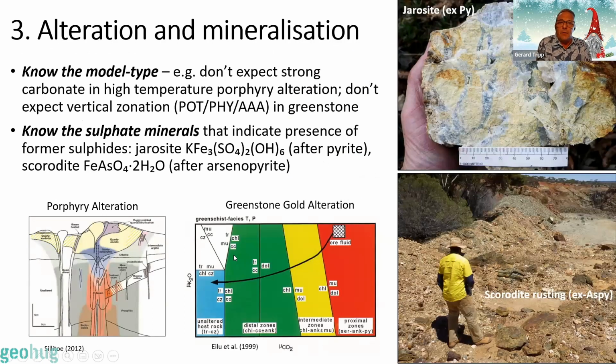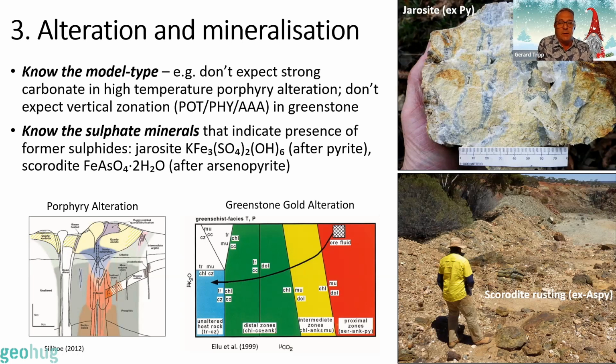Okay, so number 3, alteration and mineralization. We want to know the model type that we're working in, and what I mean by that is that if we're working in porphyry, for instance, if we're just taking these 2 examples down the bottom, porphyry and greenstone alteration, you don't expect a lot of carbonate alteration in high temperature porphyry settings.